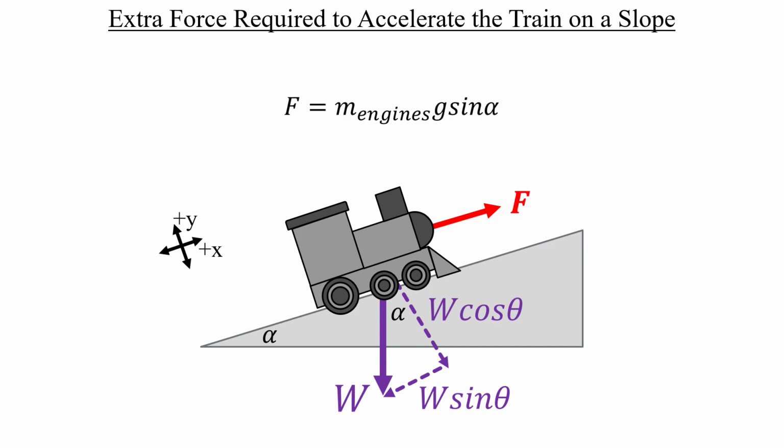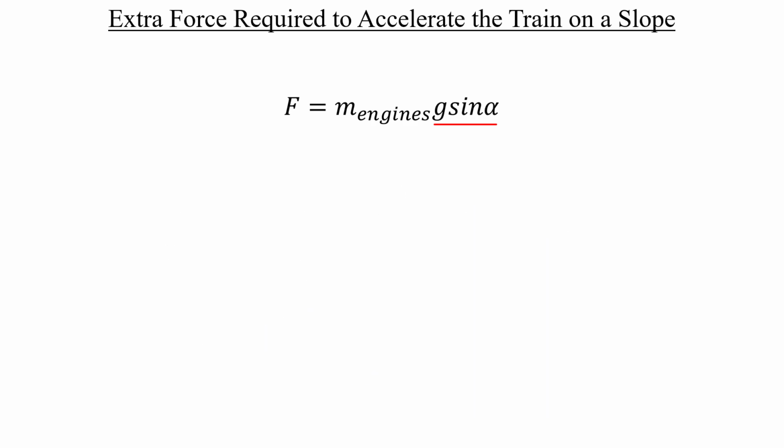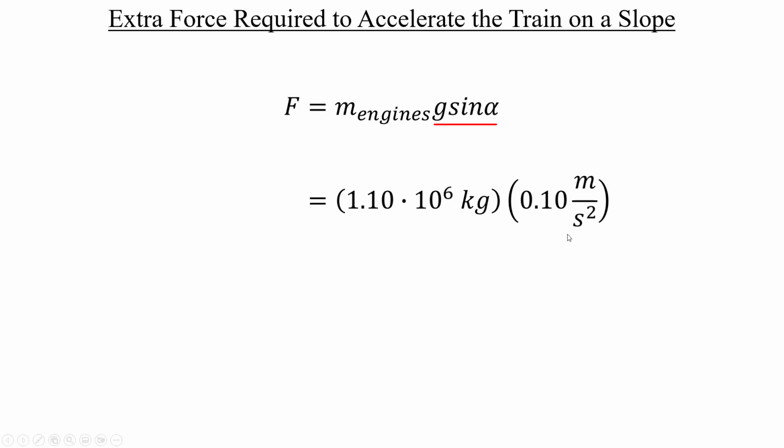Additionally, we know what this portion is here. That's our provided 0.1 meters per second squared quantity. When we multiply these two together, we'll get the following amount of force that's needed to keep the train moving steadily on that hill. It's a big number, so let's write it in scientific notation.